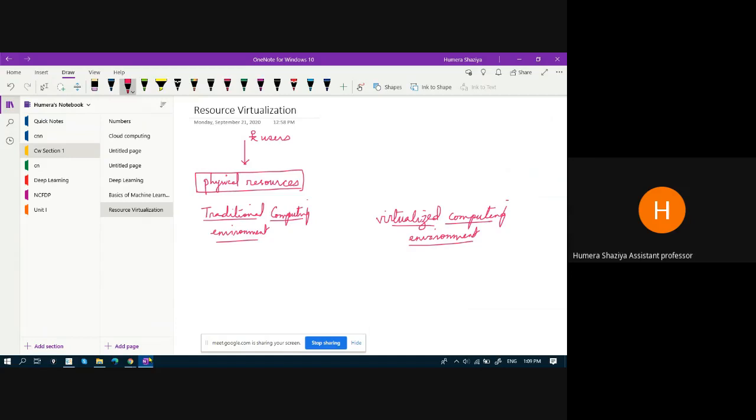In this, what happens? You have physical resources. On top of physical resources, a layer of virtualization is created.